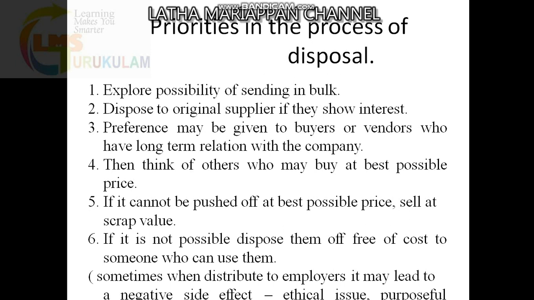Then think of others who may buy at best possible prices, okay. You can give for a reduced price, for a certain discount you can give, and you can try to sell to the other buyer. If it cannot be pushed off at best possible price, sell at scrap value, okay. If it is not possible, dispose them of free of cost to someone who can use them, okay.